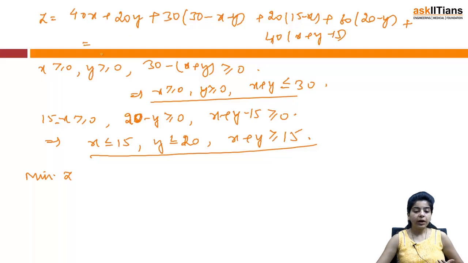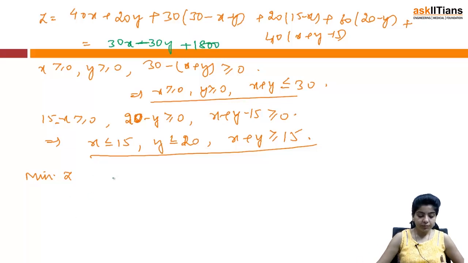Just solve it out and you will get z as 30x minus 30y plus 1800.